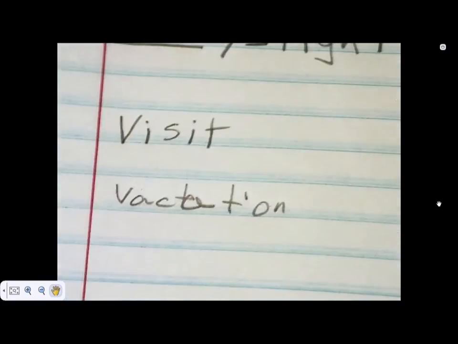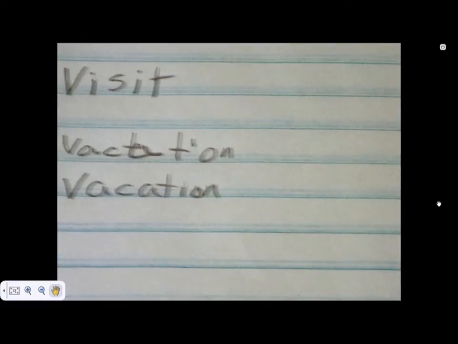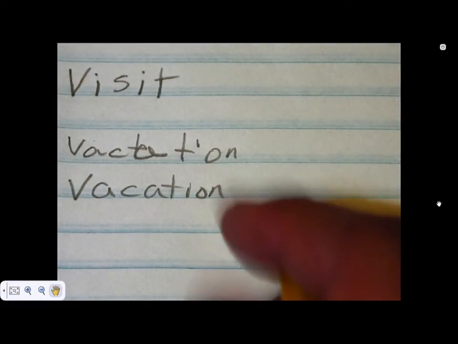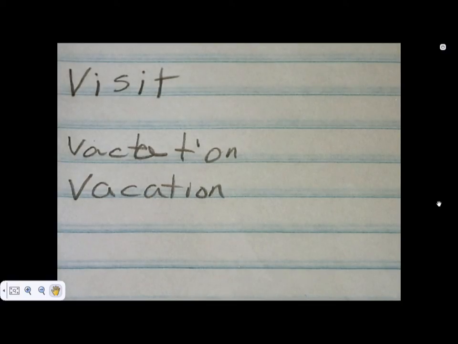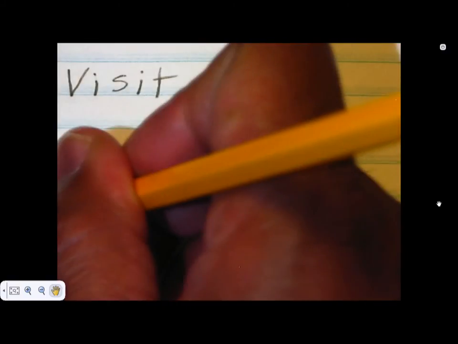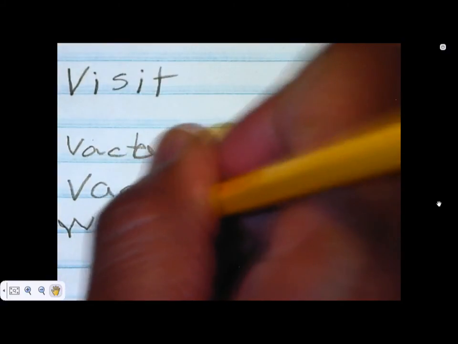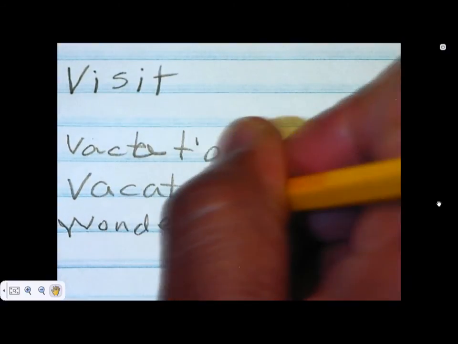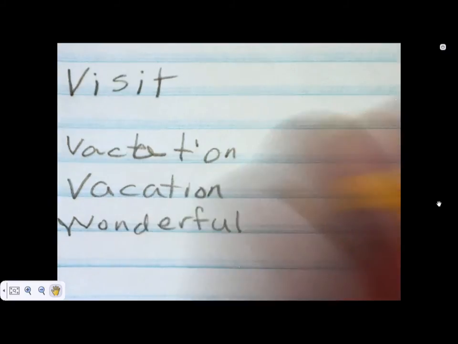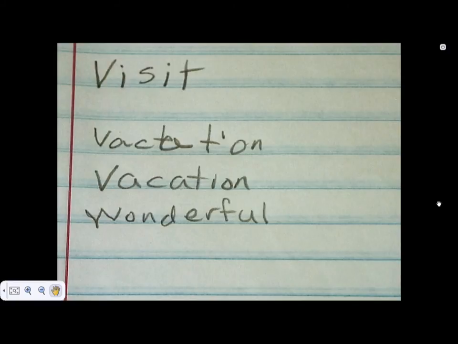Let me write that again a little bit more neatly. Vacation. And the next word we're going to look at that's going to be a vocabulary word is wonderful. Wonderful. Okay?